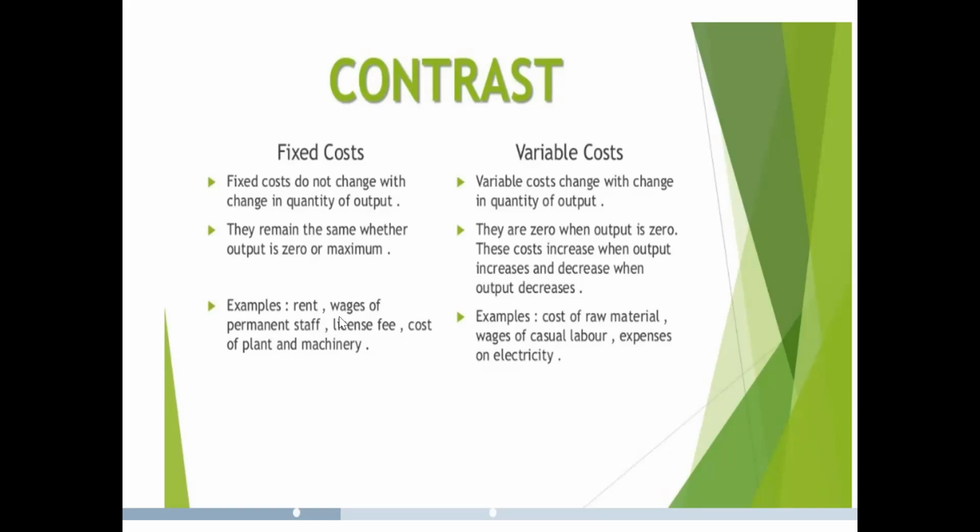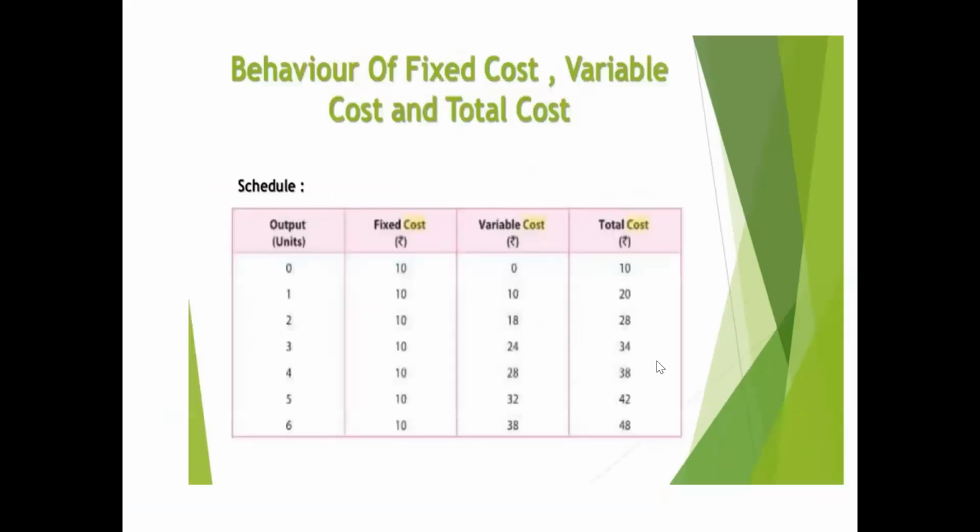Some examples of fixed cost are rent, permanent staff wages, license fee, and cost of plant and machinery. Examples of variable cost are the cost of raw materials, wages, and expenses on electricity and fuel.